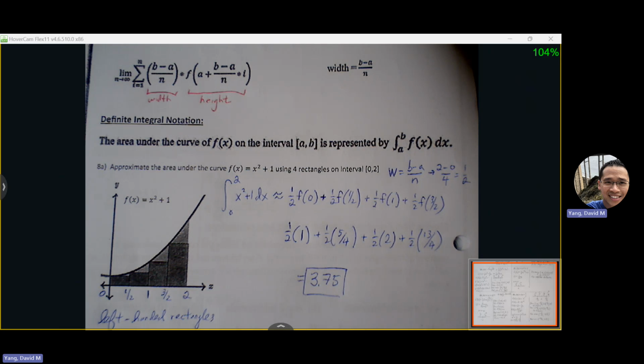Once we plug everything into the formula, the formula will do its job. We're obviously not going to be adding an infinite number of terms, but I just want to show you how this is doing its job. It's all compacted into one statement rather than adding an infinite number of terms and showing all your width and height.